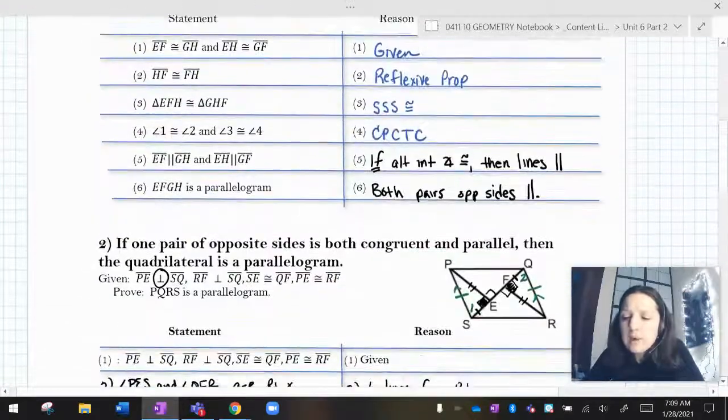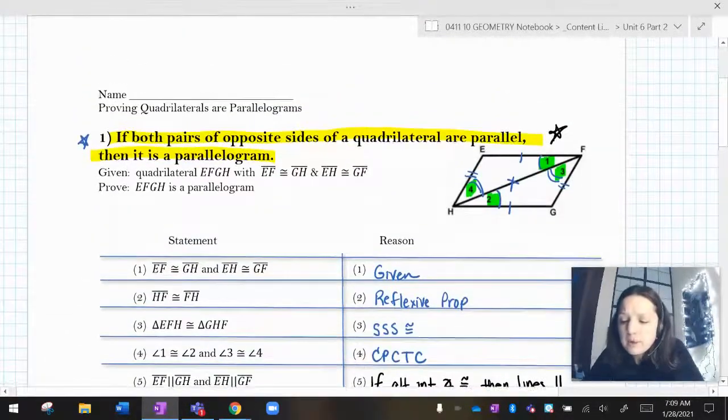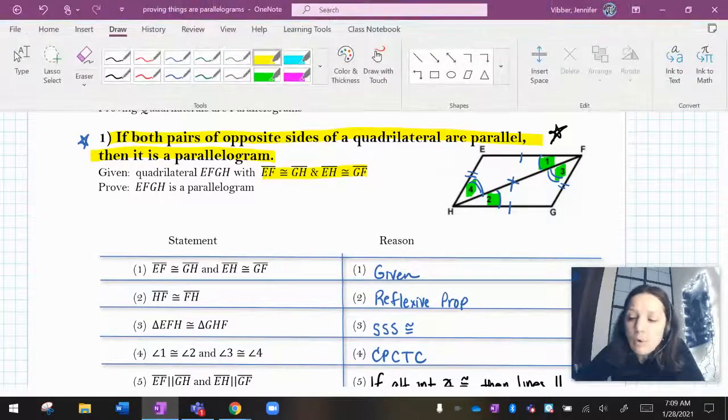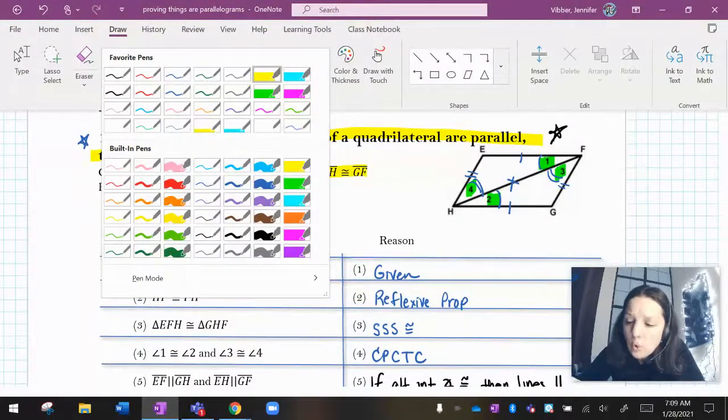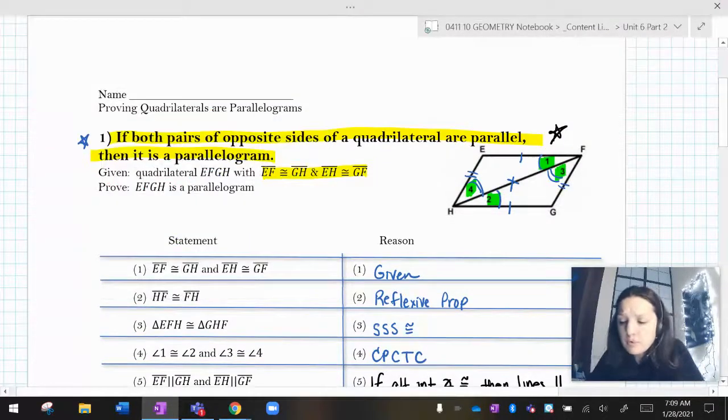If we scroll back up here to number 1, and I look at these givens, I gave you that EF and GH are equal, and that EH and FG are equal. In this proof, if I had given you all the reasons up front, this proof right here would have been a 2-step proof, 2 steps if you include the given.